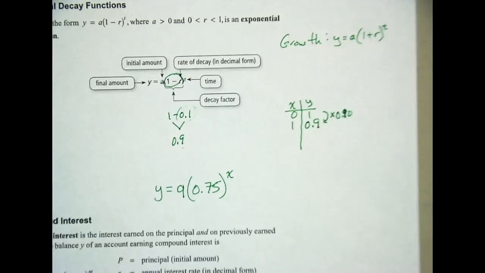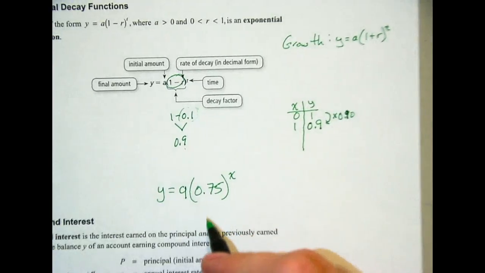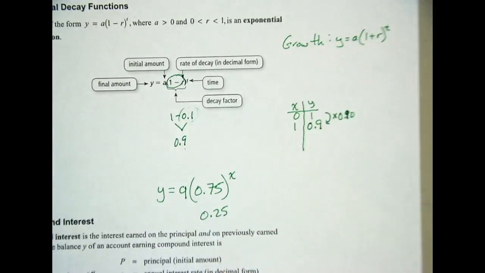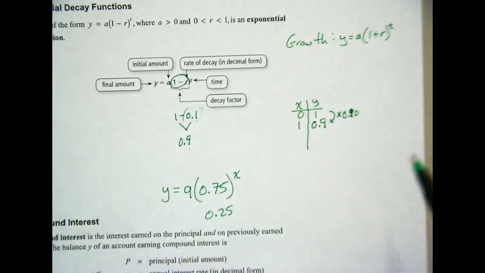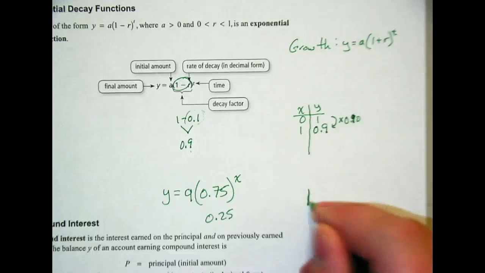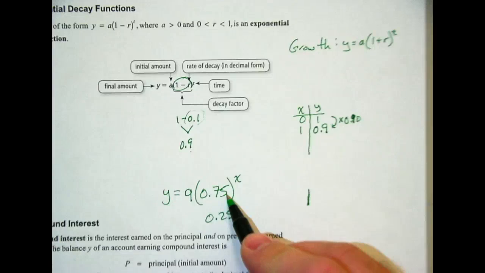Okay, volunteer, what am I decaying? Annalise, what do you got? 0.75. Is that our rate of decay? Our actual rate of decay, the amount we're decreasing every time, is 0.25. Okay, so decay's a little tougher because you've got to say, okay, I was at 1, that's my 100%, and how do I get to 0.75?